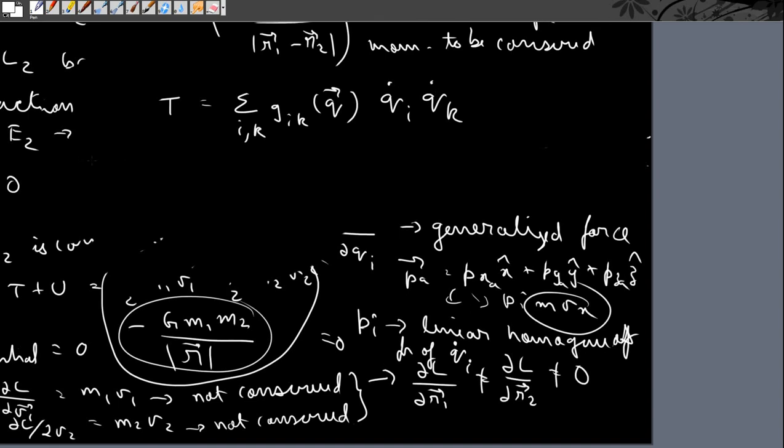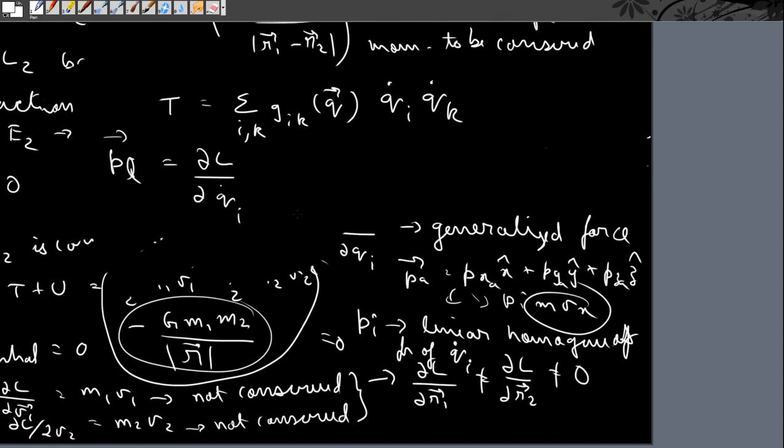And the individual generalized momenta, this is given by what? This is ∂L/∂q_i dot.